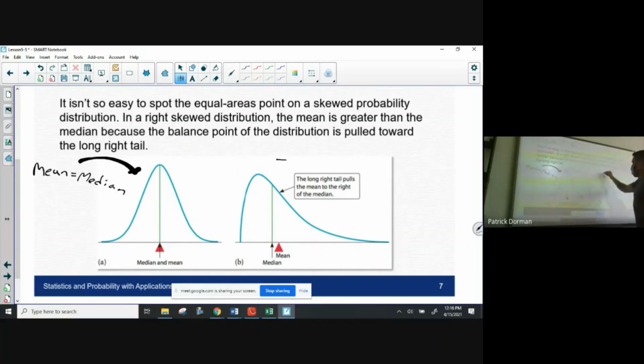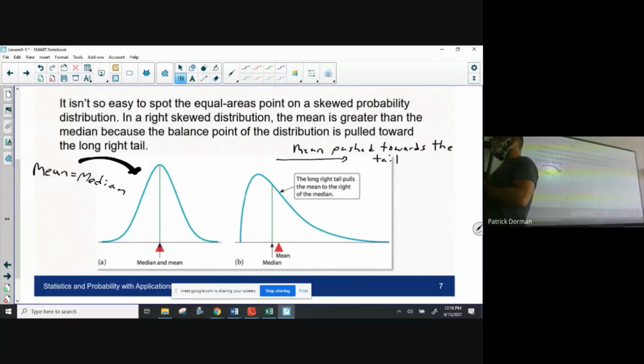What's going to happen is that the mean is getting pushed towards the tail. And the median is basically splitting the area in half.